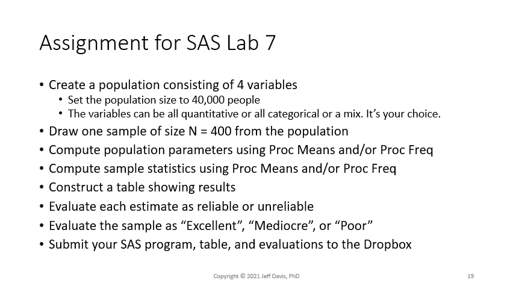Then you want to construct a table, and you can follow the one exactly like I have in the slides. And then you want to give an evaluation of each estimate as reliable or unreliable based on the criteria, and then an overall evaluation of the sample.